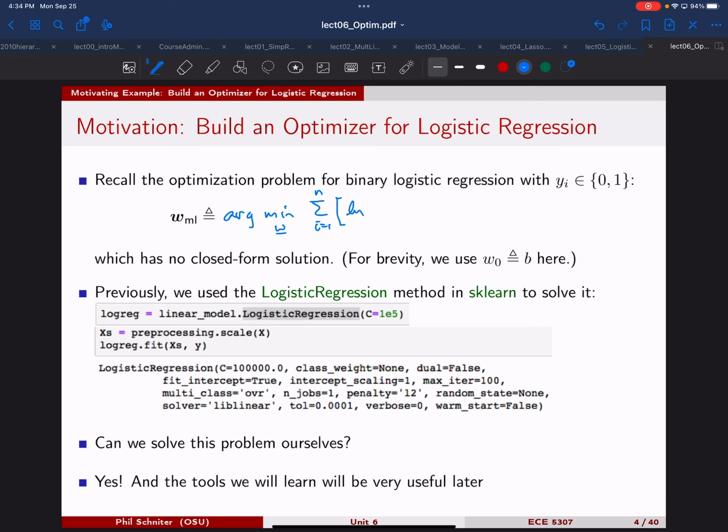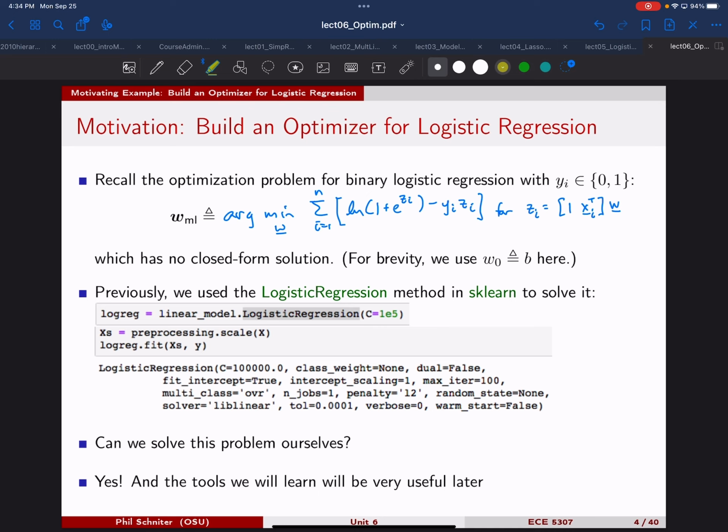We have a log of 1 plus e to the power zi, and then we have a minus yi zi, and the dependence on w comes through the zi. So zi, we're going to write it like this. We're going to make a row vector 1, and then to the right xi transpose, and then we're going to have the w vector here.